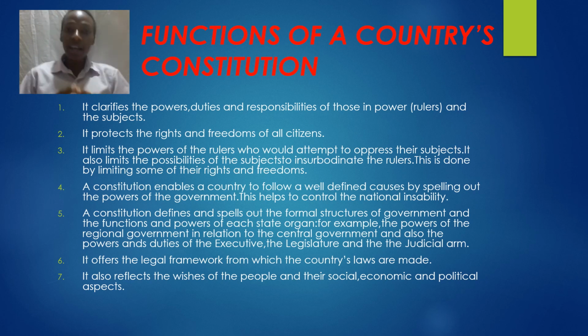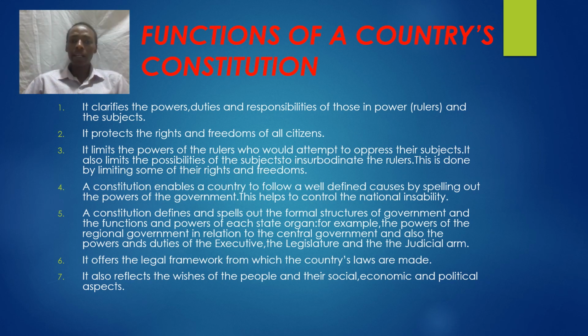Well, there is a separation of powers among these three arms of the government, and also remember, they all work closely in a principle called checks and balances, whereby each arm checks the operations of the other arm of the government, but doesn't do it in exaggeration or in a manner that will derail its operation, or derail its offering of services to the citizens.